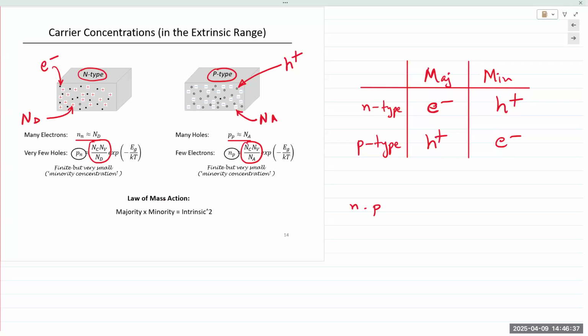So if you multiply n times p, what do you get? ni squared. Remember I said electron-hole pairs are generated and then they recombine. And the rate of generation and recombination remains near constant.